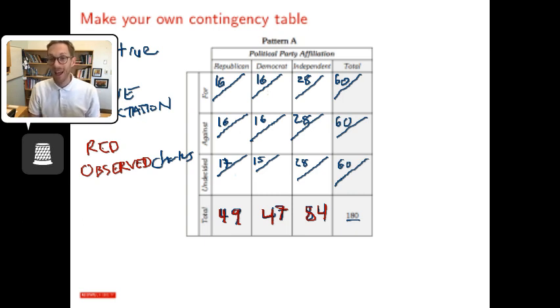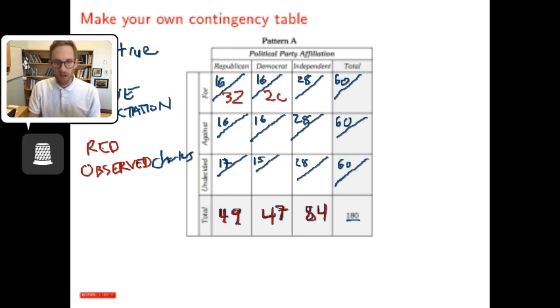I ask them, okay, folks, how do you feel about charters? Let's say that 32 of the Republicans say, yes, I'm for it, 20 Democrats say that they're for it, and 35 independents.